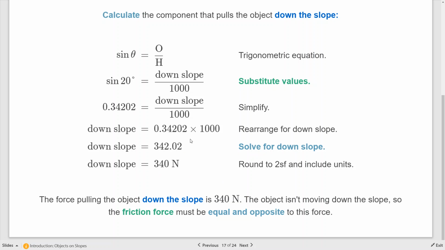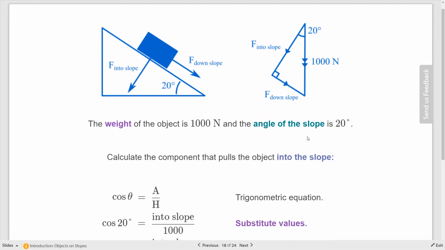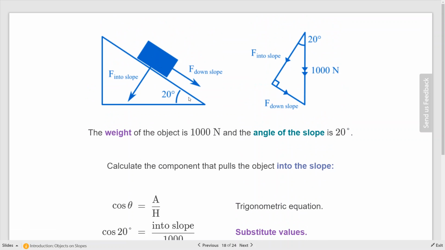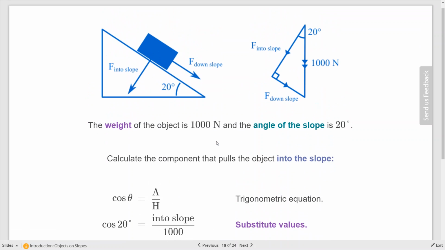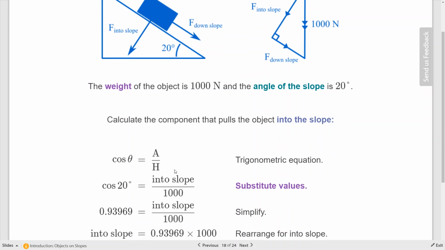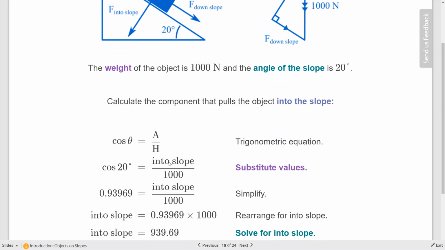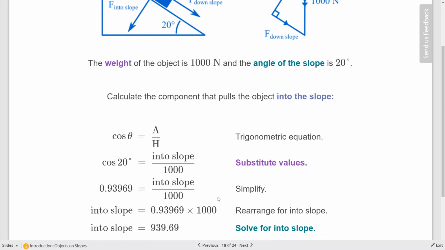So therefore the frictional force must be equal and opposite to that, because it's at rest. That's Newton's laws. The weight of the object is 1,000 newtons, the angle is 20. So the component that pulls it into the slope, you know that it's going to be equal and opposite. Then we know that this here is the adjacent, so we can use cos, and cos is equal to the force into the slope divided by 1,000 again, because the weight is 1,000.